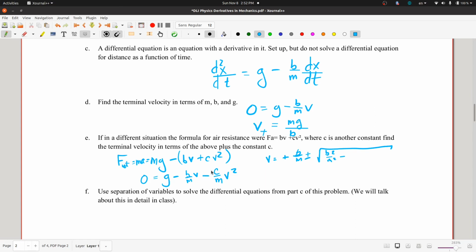A is a negative term here, so minus 4ac is going to become a plus 4 times a is c over m, and c is g, all over 2a. So that gives us values for the terminal velocity in the case of this more complicated form for the air resistance. We'll look at how to solve part F in a separate video.